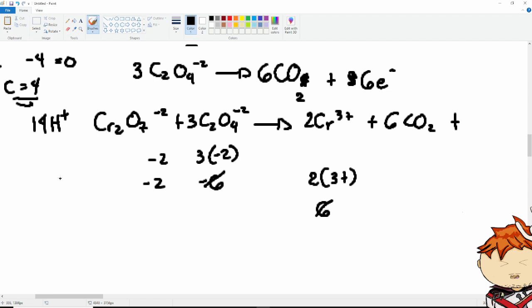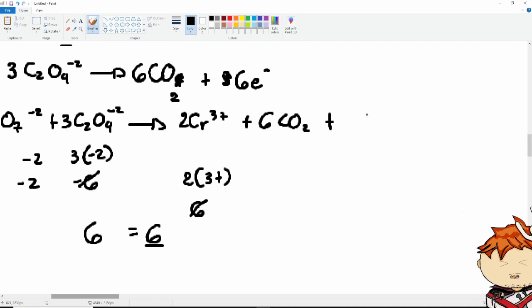So our 14H plus will provide us 14 positive. So 14 minus 2, that's 12, minus 6, that's positive 6, is equal to the positive 6 of the opposite side. Now, we need to balance H plus. There should be 7 H2O here.